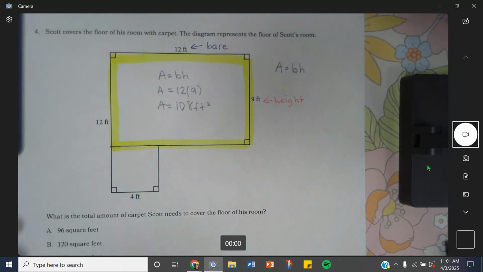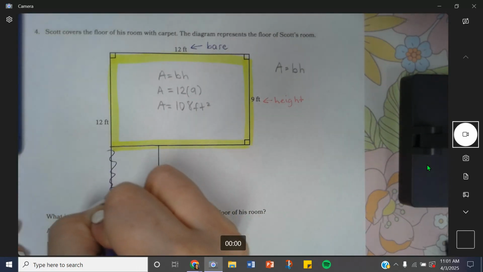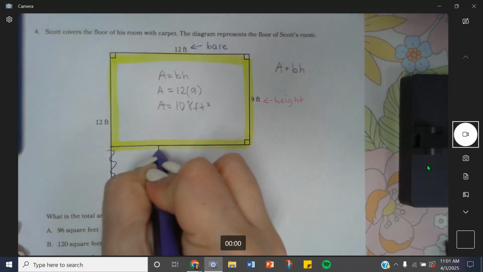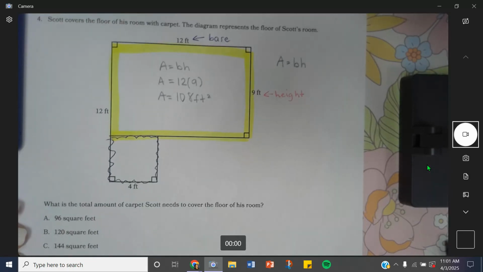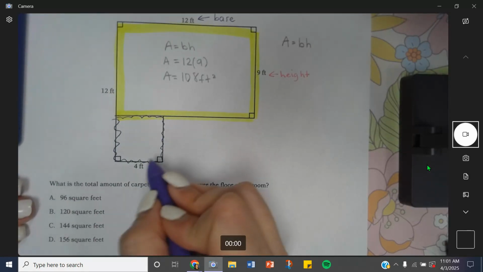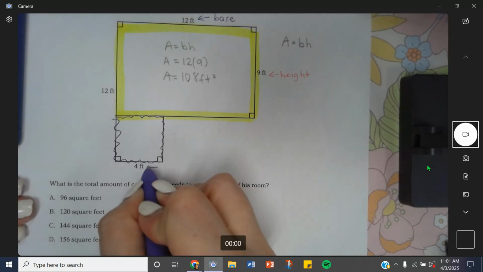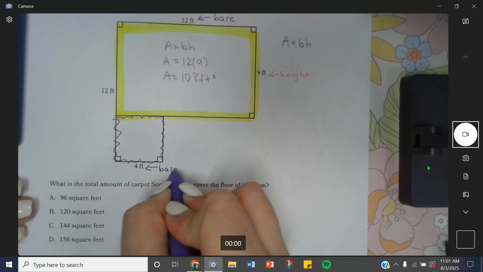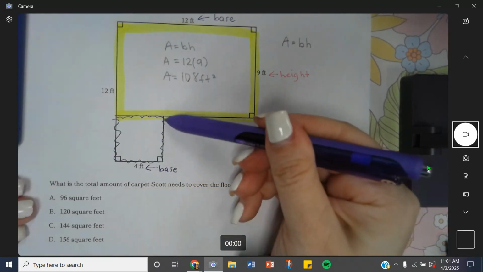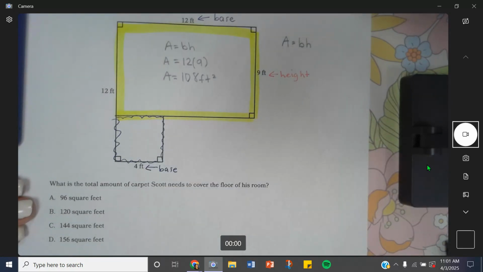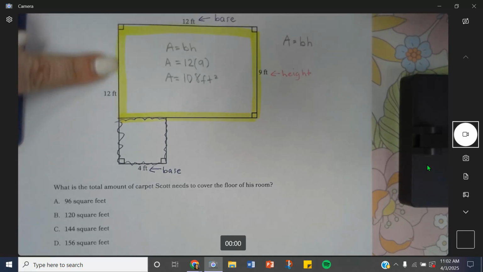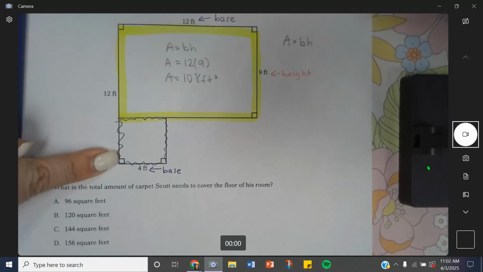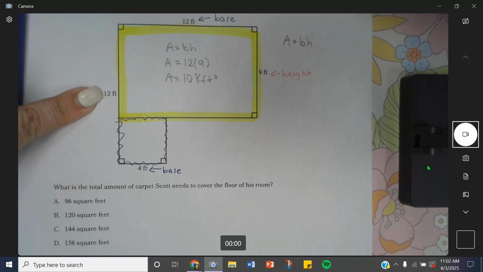Now let's go ahead and solve the area of our smaller rectangle. Okay, so for this small rectangle, let's label the 4 feet our base. Now we have to figure out what the height is going to be of this small rectangle. And we know that this entire line that is attached to this rectangle is 12 feet.